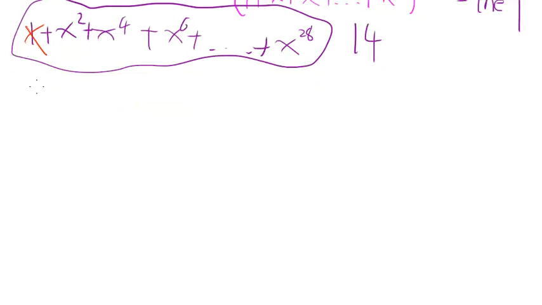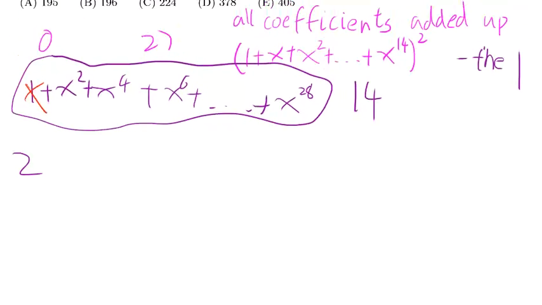And there's also the 2 something something part: 2 times 1 times x plus 2 times 1 times x squared plus 2 times 1 times x cubed.